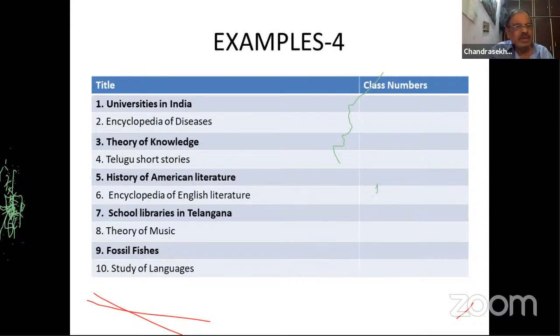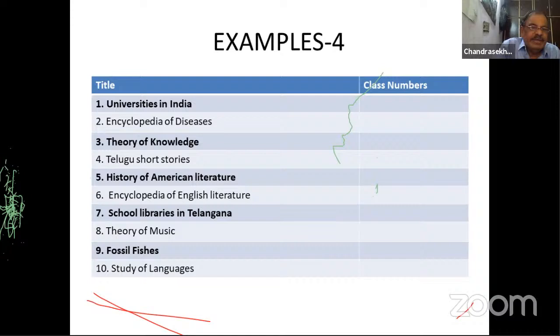They ask short stories titles: short stories in Kannada, short stories in Hindi, short stories in English, like that. In such cases, you use 301. The specific number for short stories is 301. Note that down. It is given in table 3. Okay?